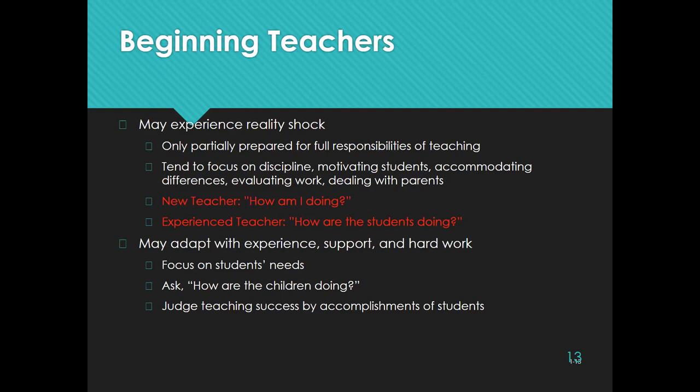You adapt with experience. You are able to focus on what students need to learn rather than on maintaining discipline and motivation. So judging teaching success by accomplishments of students is where we try to transition a teacher after the first couple years, where you're really figuring it out, to becoming highly teacher efficacious. There's a nice word for you, to help students achieve.